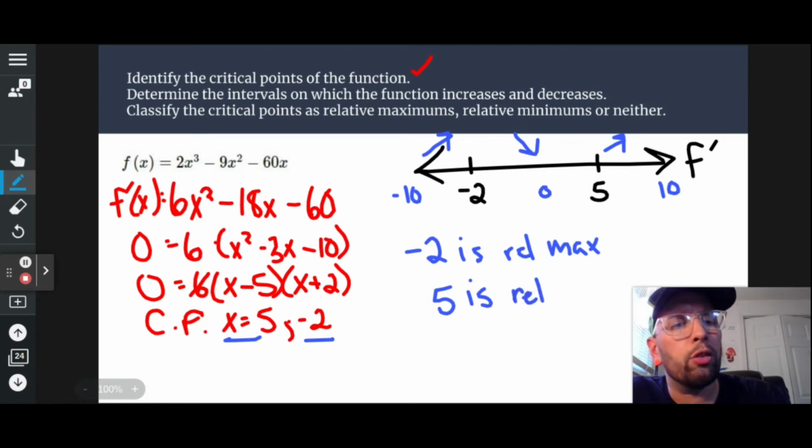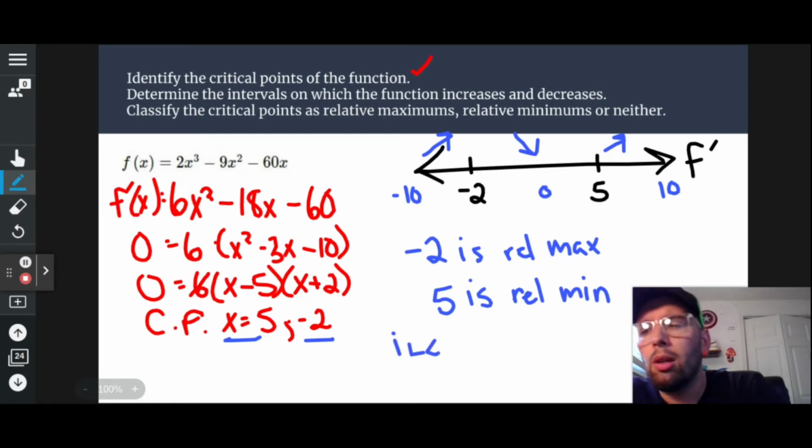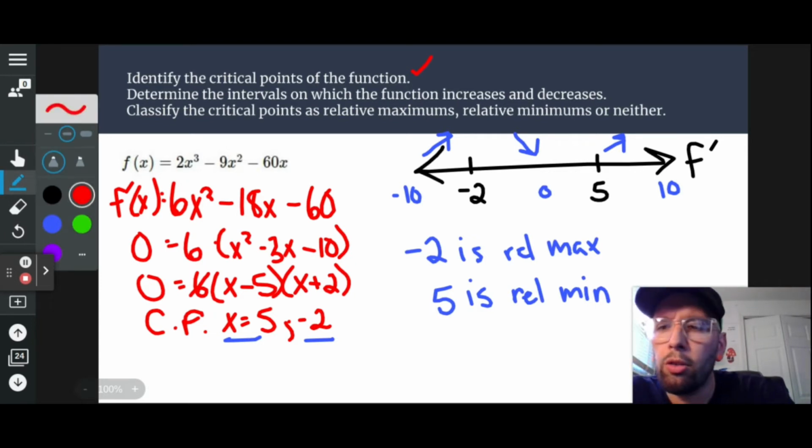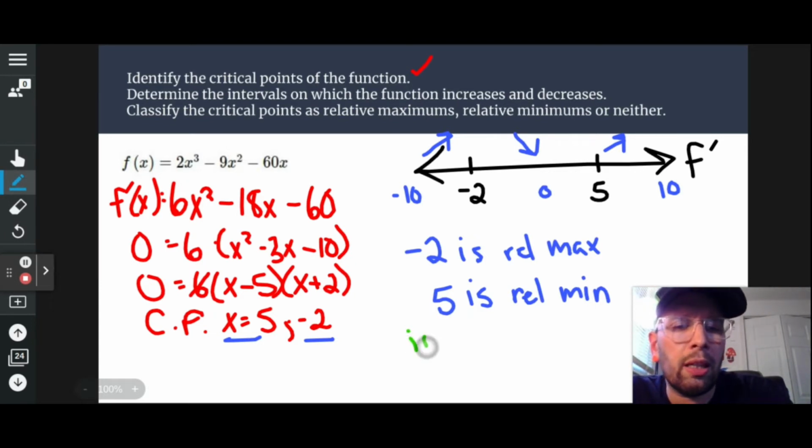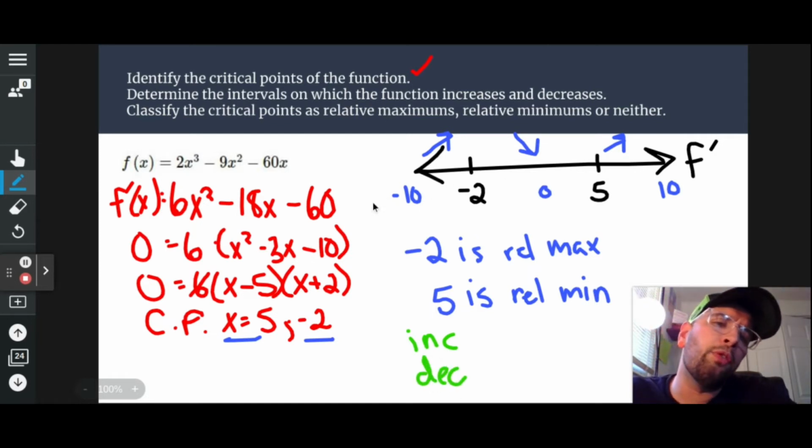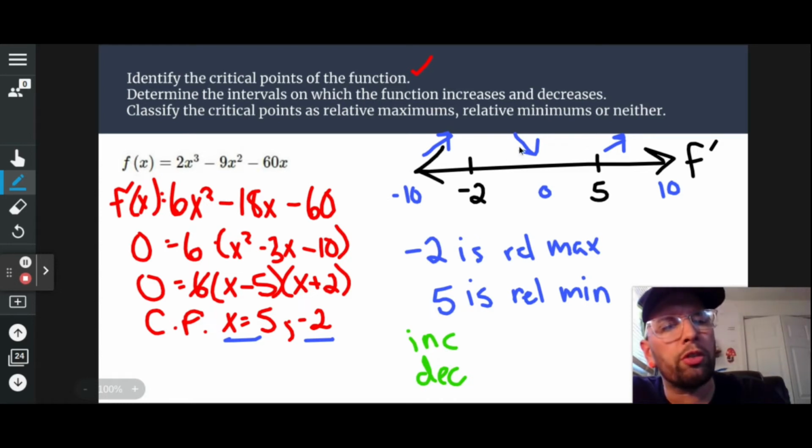And what I forgot to do is say when it's increasing and when it's decreasing. So let me write that again. It increases from negative infinity up to -2, so x is less than -2 is when it's increasing.